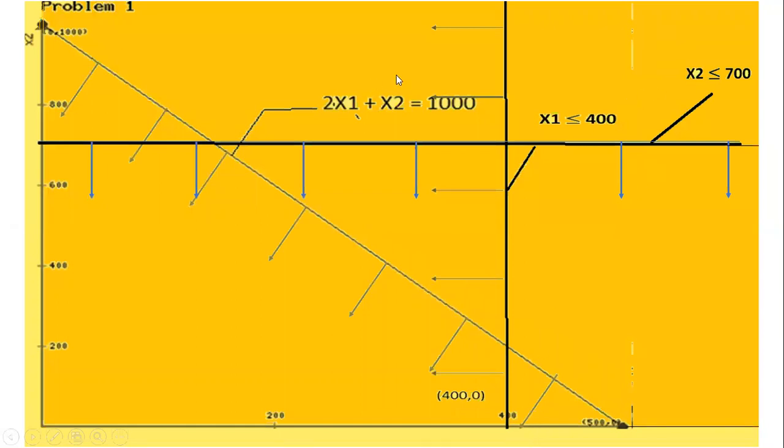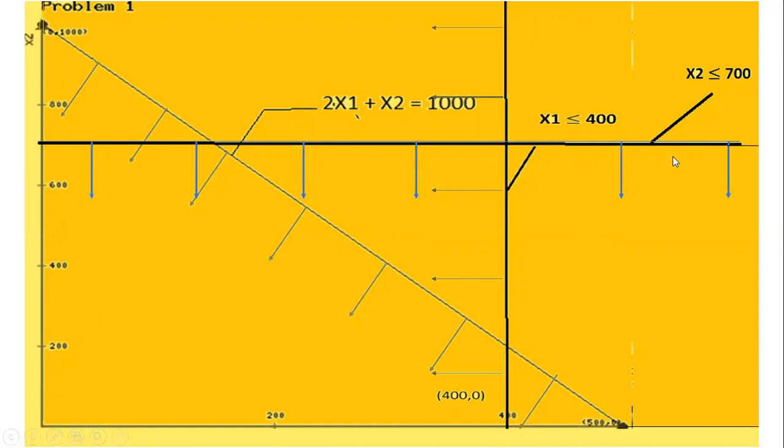Similarly for the third one, x2 is less than or equal to 700, you will get a point 0, 700, that is parallel to your x-axis. Even if I take any point below that, say 0, and substitute in this equation, 0 is less than or equal to 700, that satisfies that equation. So my arrow mark should be below or towards the origin.